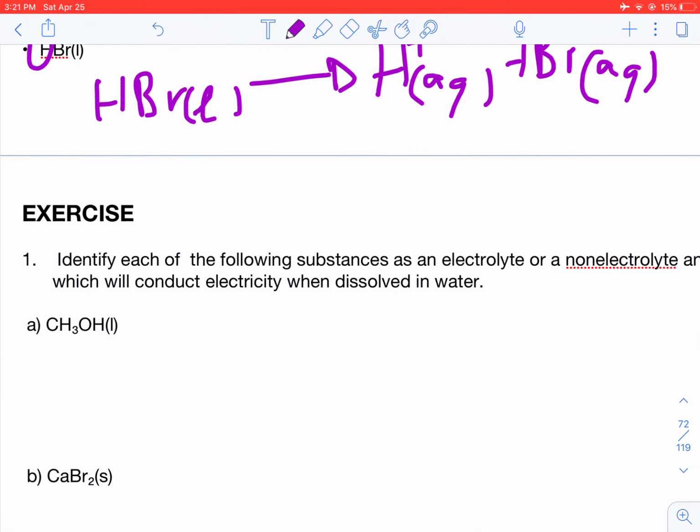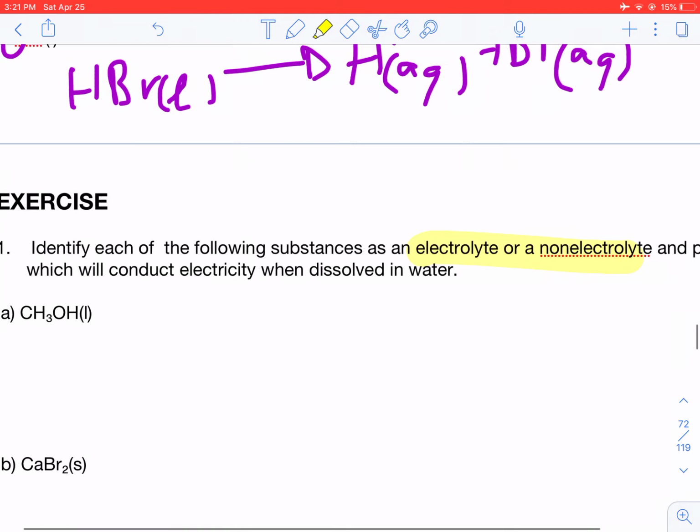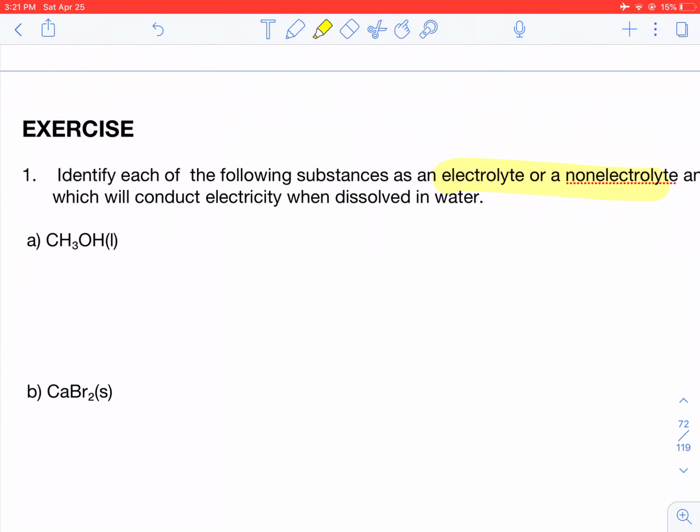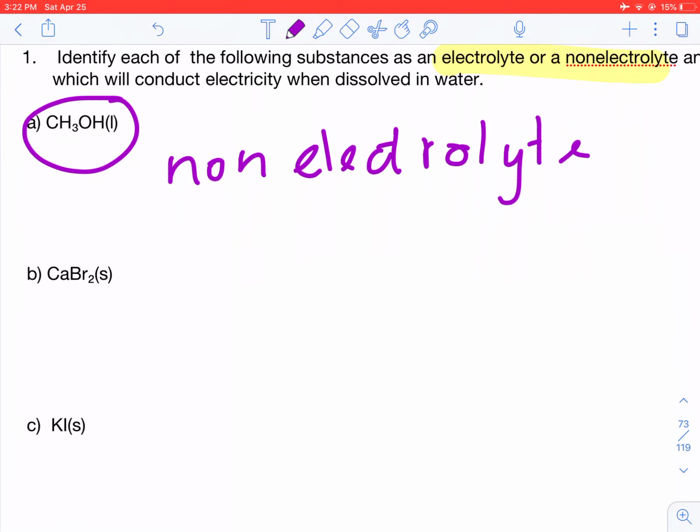Now let's look at this. Identify each of the following substances as an electrolyte or a non-electrolyte. So here we have that is a molecular substance, so it's a non-electrolyte. Electrolyte. Here it's an ionic substance, it's an electrolyte.